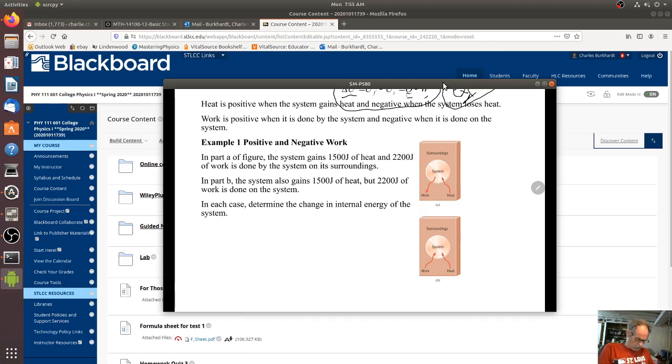In part 1 of the figure, the system gains 1,500 joules of heat and 2,200 joules of work is done by the system on its surroundings.